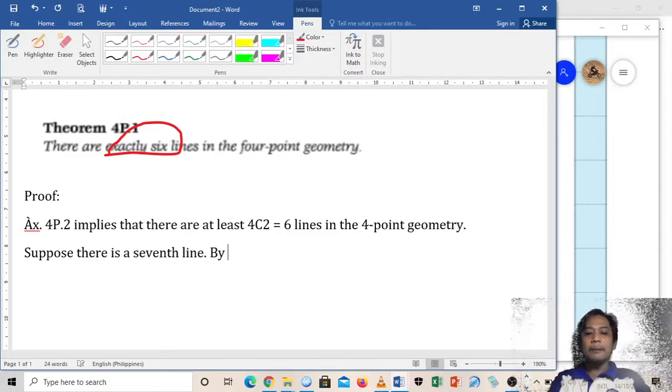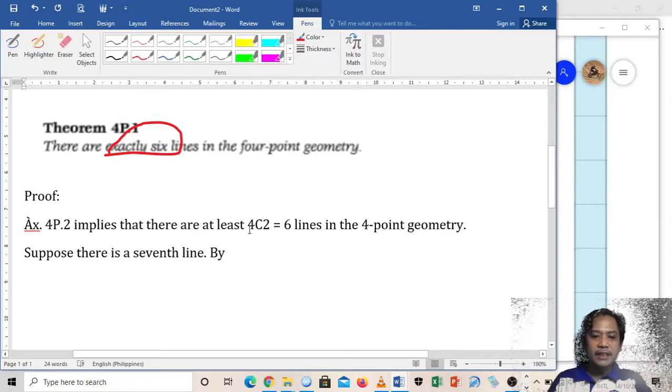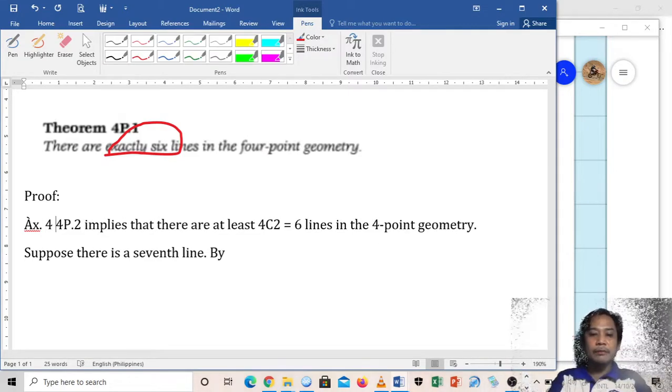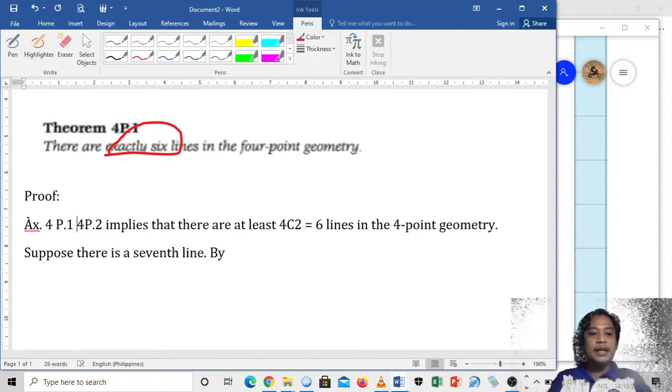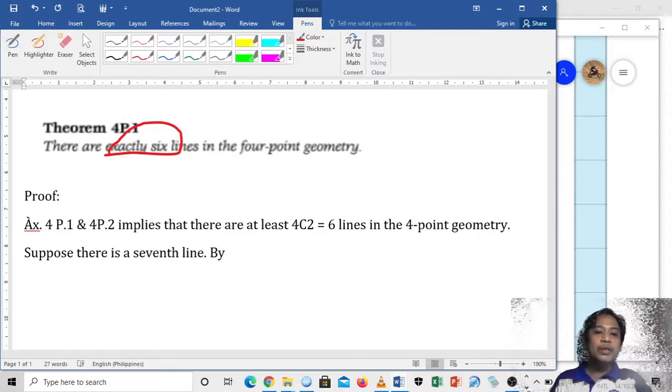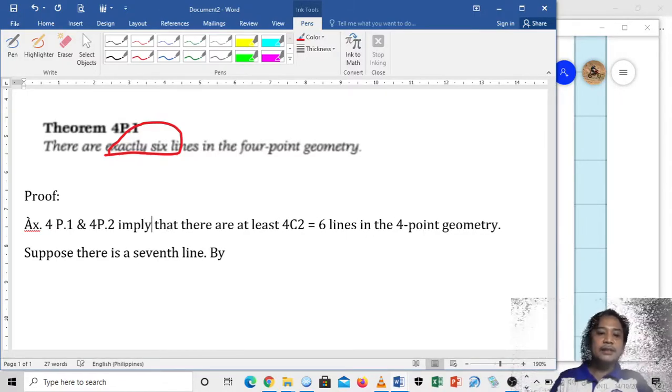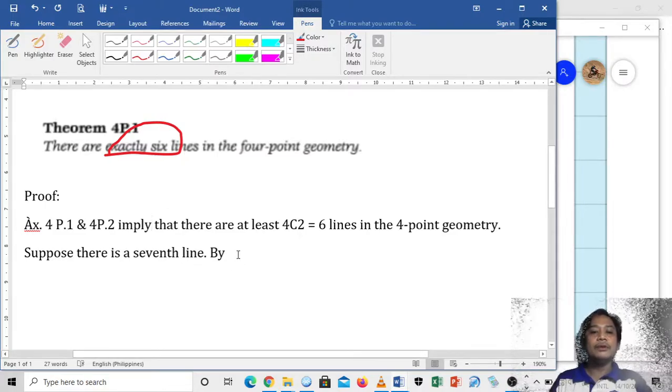But then, by the way, we have used the number 4 here. This is the number of points. Therefore, this is not only based on axiom 4p.2, but also on axiom 4p.1. So we say axiom 4p.1 and 4p.2 imply that there are at least 6 lines in the 4-point geometry.